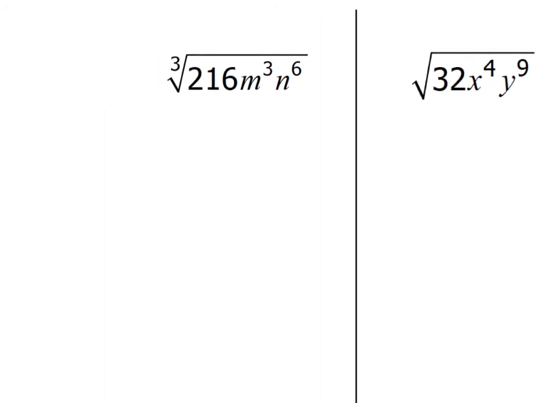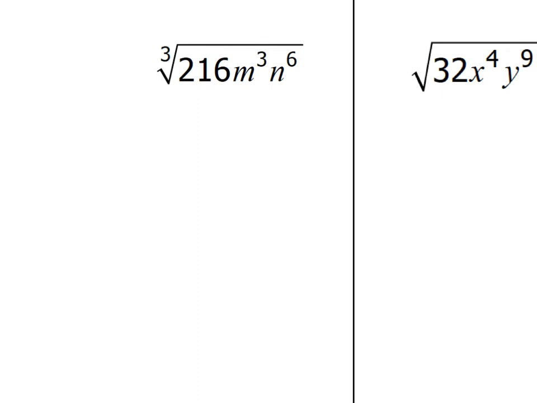So let's look at the cube root of 216. So first thing I'm going to do is do the prime factorization of 216. So that's 2 and 108, 2 and 54, 2 and 27, 3 and 9, 3 and 3.